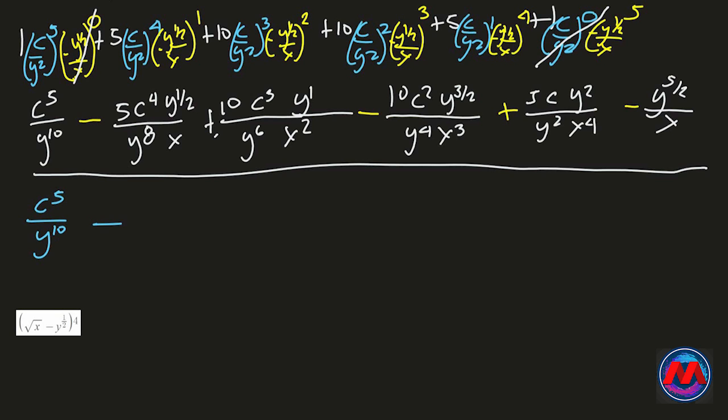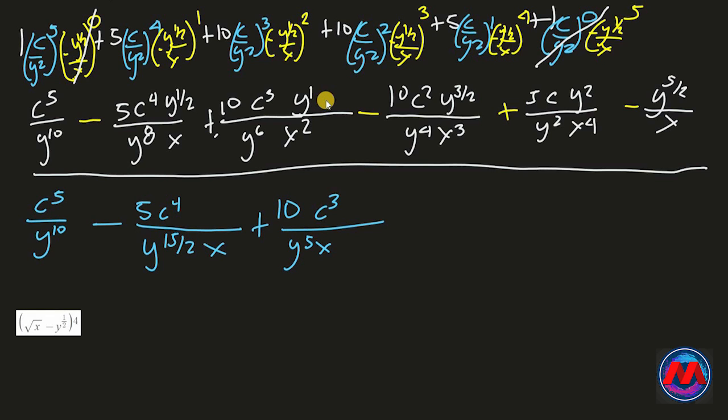That's minus 5c raised to 4. Maalis yung y raised to 1/2 kasi sa baba, 8 minus 1/2 would be equal to y over 15 over 2x. Okay? Plus, that's 10 c cube over yung 1, mag-subtract yung 6 tsaka 1. So, yung result niyan is y raised to 6 minus 1 is 5x squared.